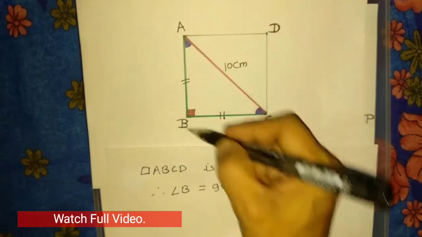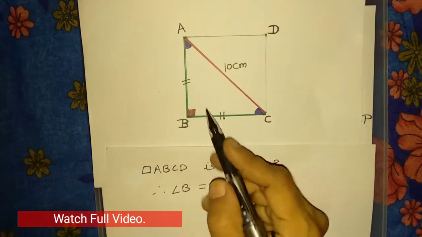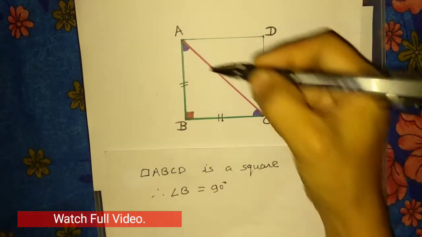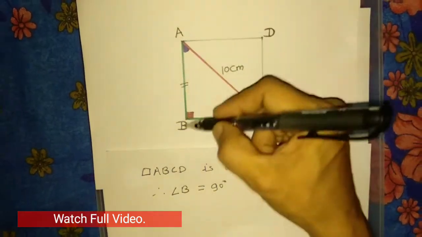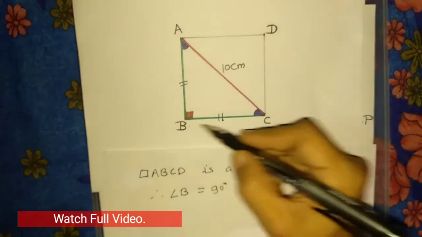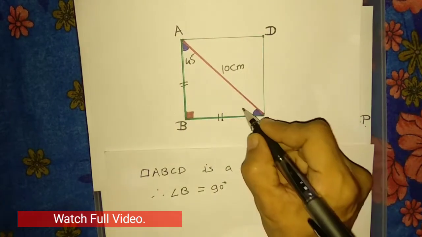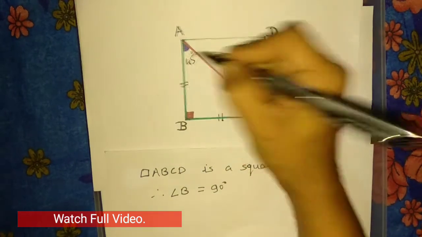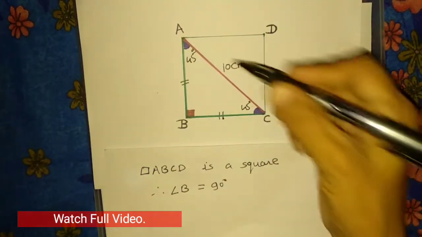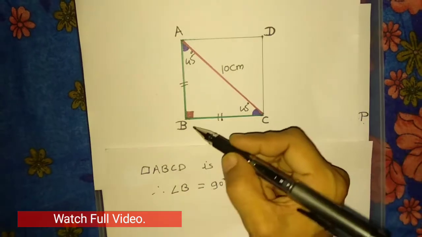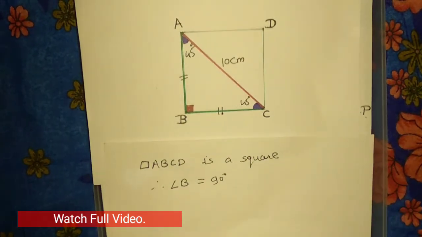Therefore, triangle ABC is isosceles right angle triangle. And therefore, the angle BAC and BCA are of 45 degree. And the triangle ABC is of 45, 45, 90 degree triangle.